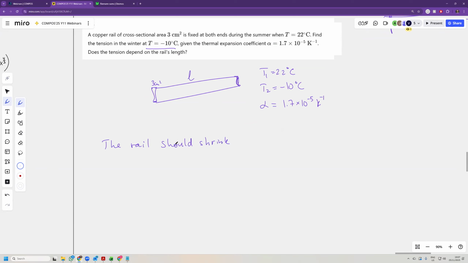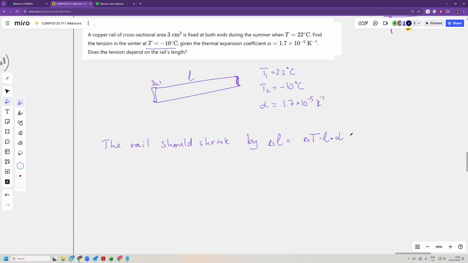The amount that it should shrink by, delta L, is the change in temperature multiplied by the original length multiplied by alpha.